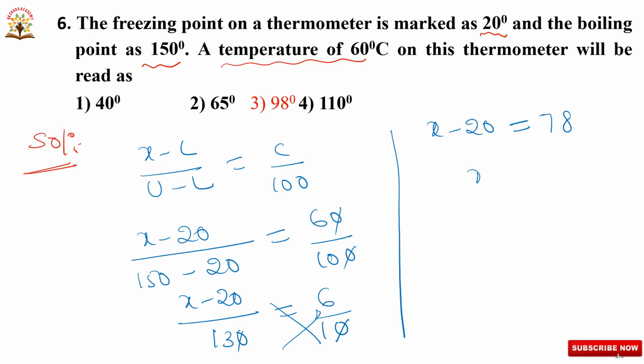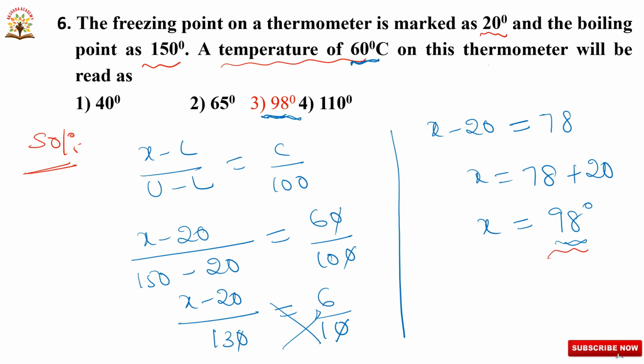So x is equal to 78 plus 20, 98 degrees. So a temperature of 60 degrees on this thermometer will be read as 98 degrees. So this is the final answer.